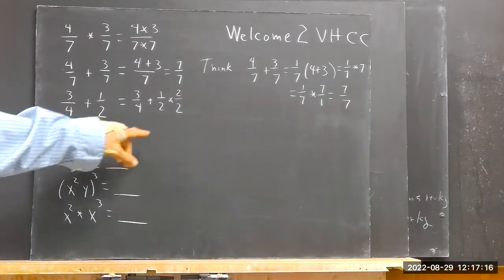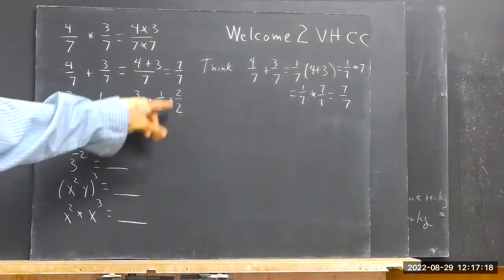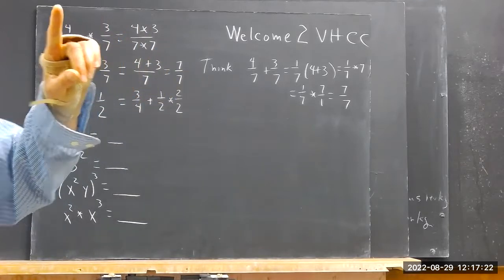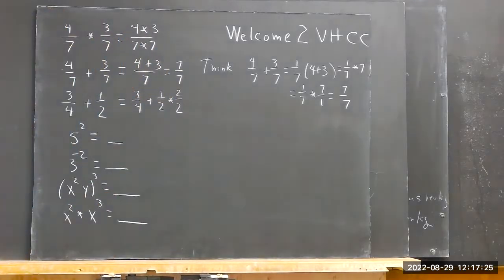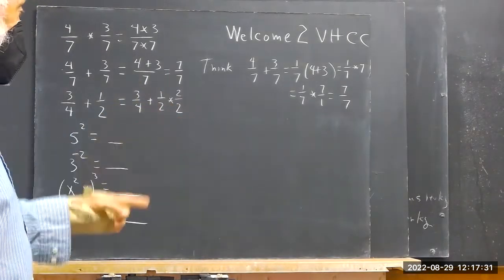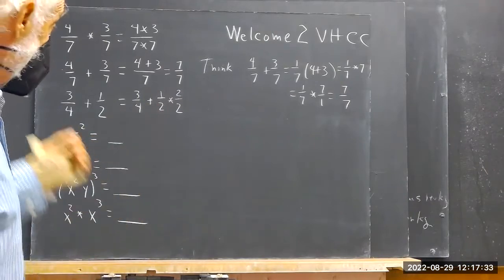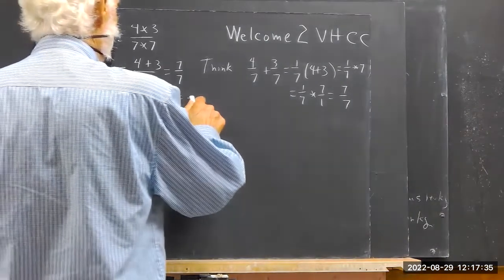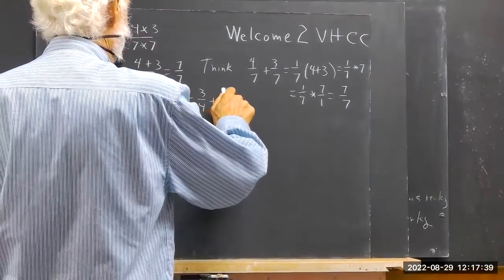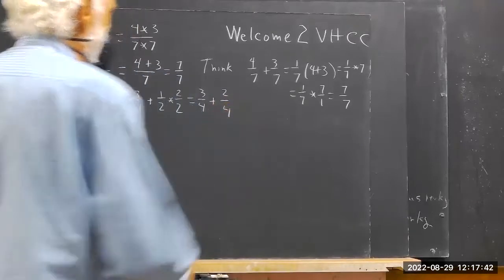If I take 1/2 and multiply by 2/2, 2/2 is just 1. You multiply something by 1, it doesn't change its value. So multiplying 1/2 by 2/2 doesn't change the fact that it's 1/2, but now it's in the form of fourths.